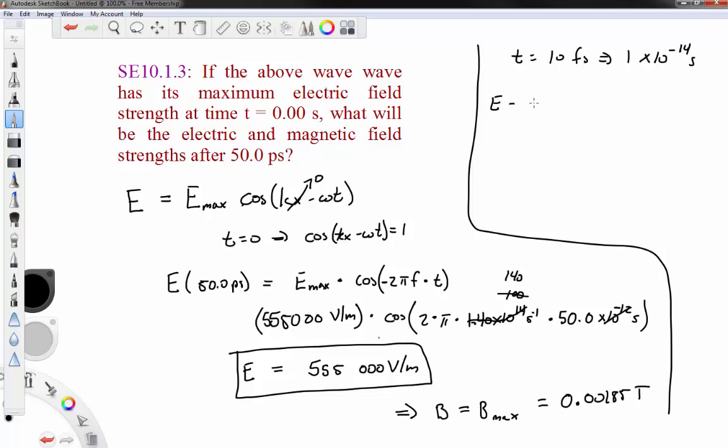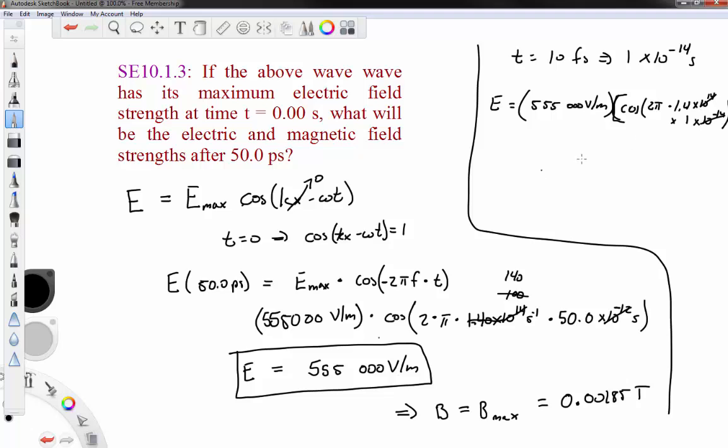You'd have E is equal to 555,000 volts per meter times the cosine of 2 pi times 1.4 times 10 to the 14 times 1 times 10 to the minus 14.